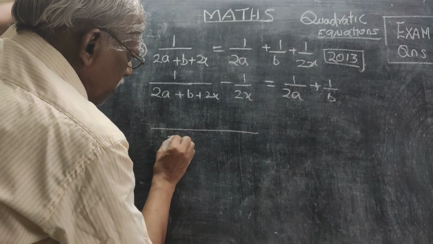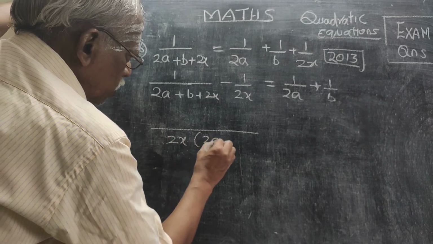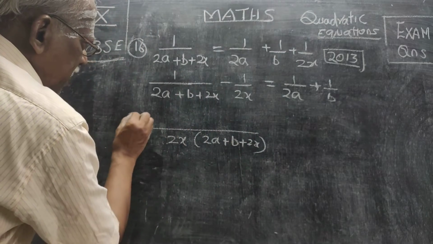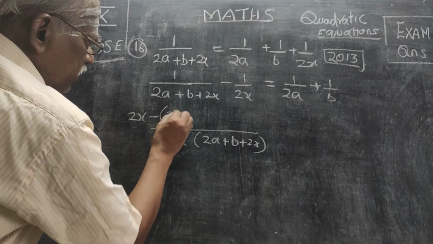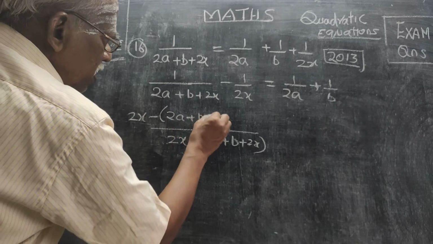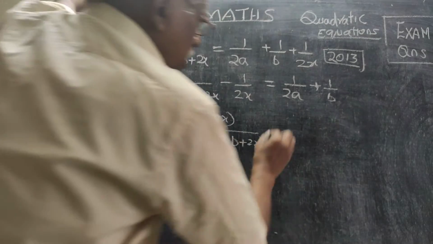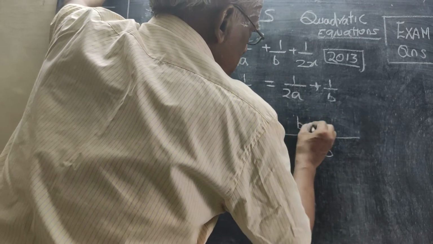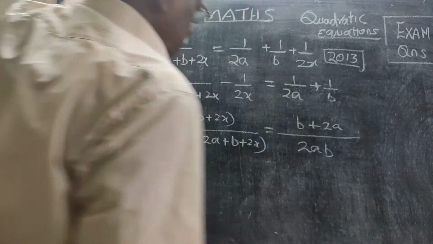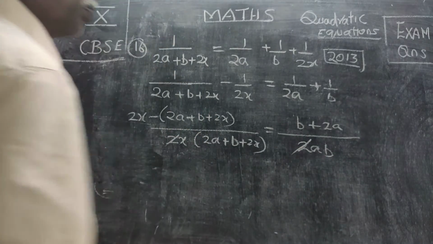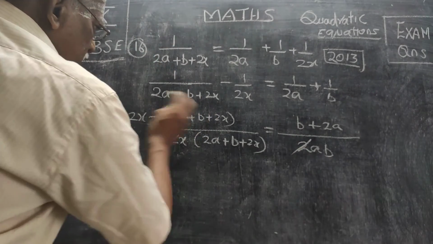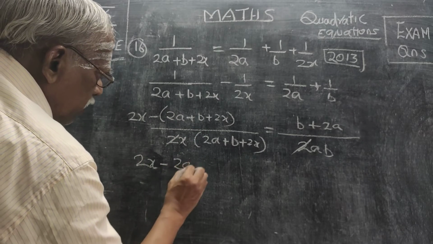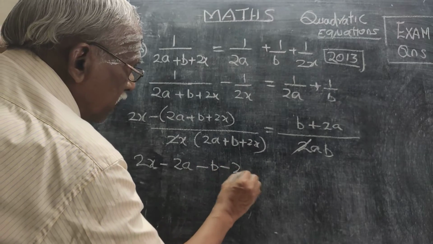Now no other way, take LCM: 2x(2a + b + 2x) is the LCM. Therefore here you will be getting 2x minus (2a + b + 2x). Similarly, here when you take LCM, this is 2ab, so this is b + 2a. The 2 I can cancel. Numerator, on removing that, you will be getting 2x - 2a - b - 2x.